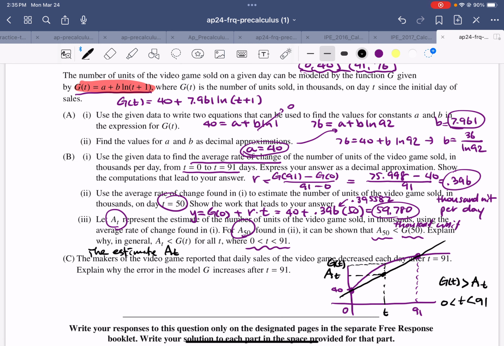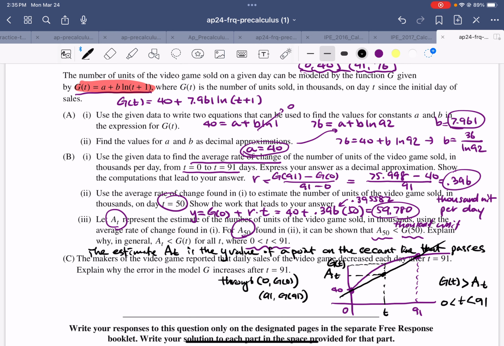So your A of t is the y value of a point on the secant line that passes through 0 comma g of 0, and also 91 comma g of 91.